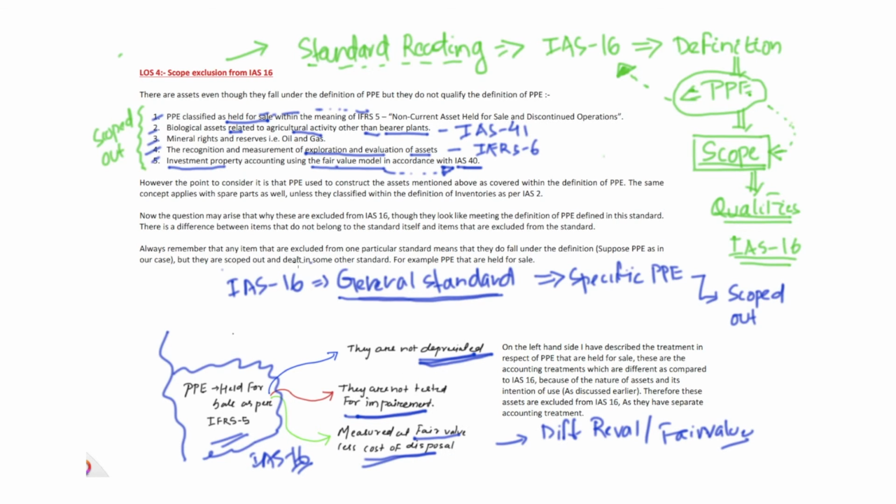Hence, this accounting treatment is significantly different from what we learn under IAS 16, because it provides a better picture to the users of the financial statements rather than treating it in accordance with IAS 16 and making the accounting which we typically do. So these are the scope exclusions under IAS 16.